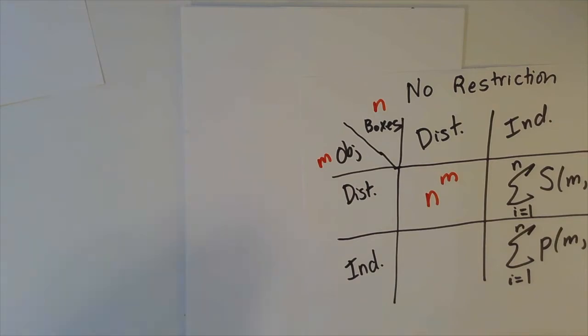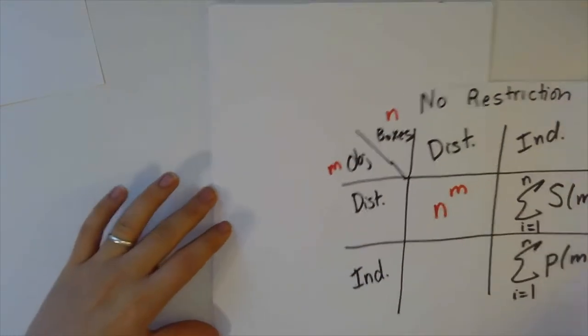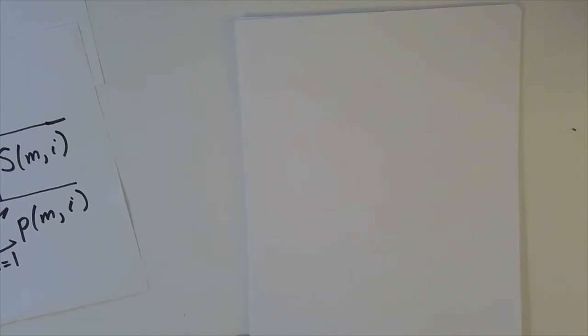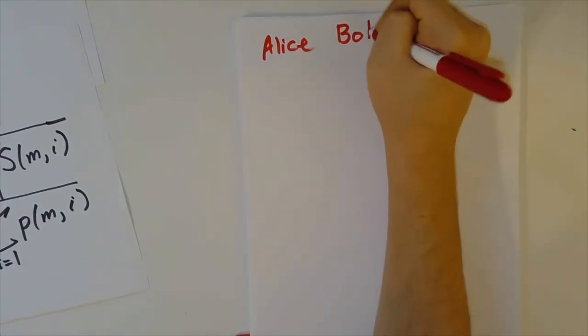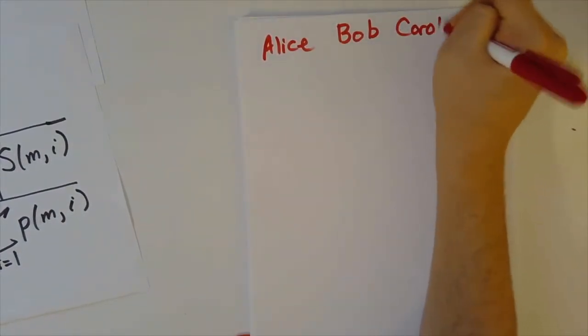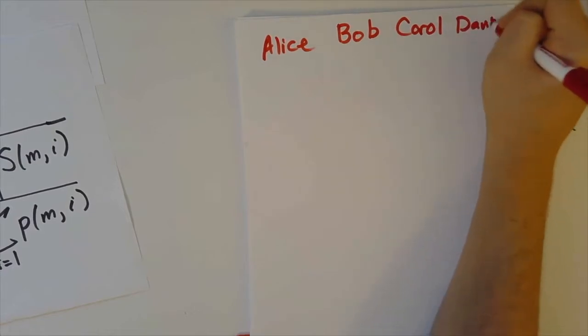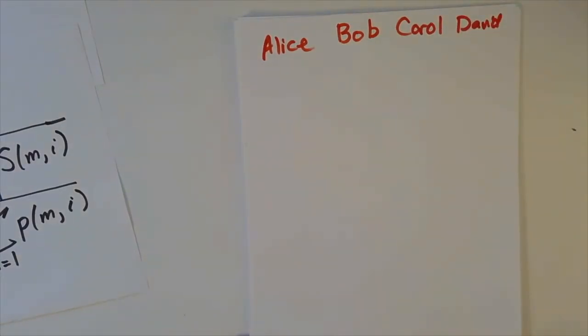Okay, so no restriction first. Remember, the way we do this is we lay out the children in some order. So Alice, Bob, Carol, David, whatever. And then we lay out the candy we're going to give them.